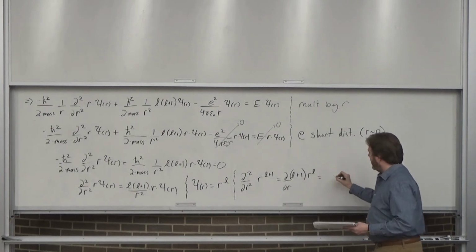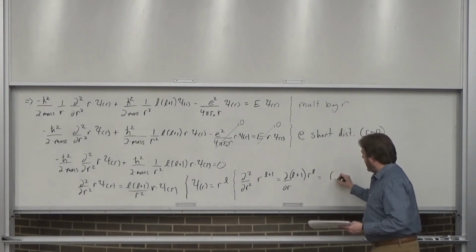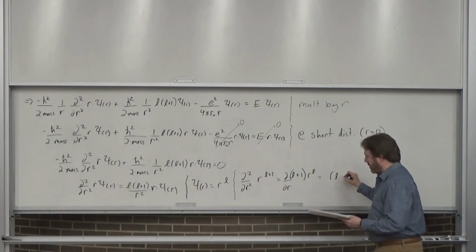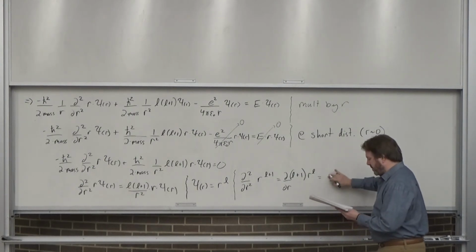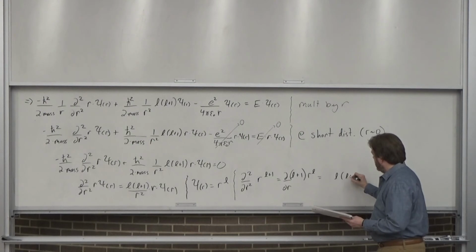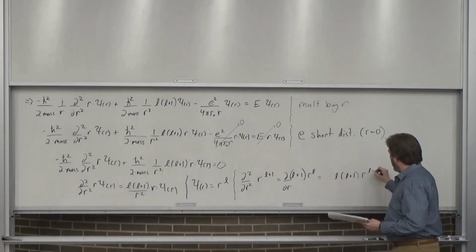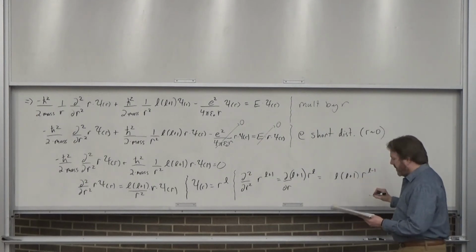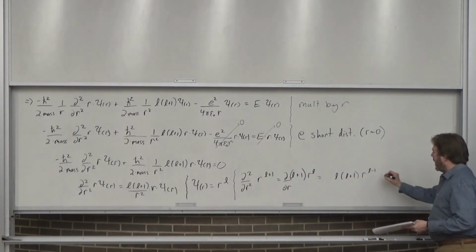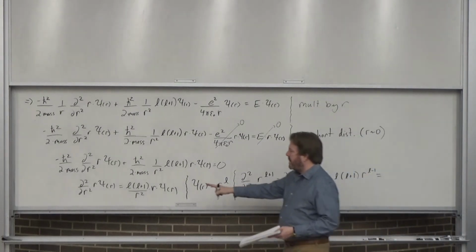The derivative of this would just be L times L plus 1. I've taken that L, I've put it up in front, r to the L minus 1. And that's, yeah, that's it. Okay, so that's this part.